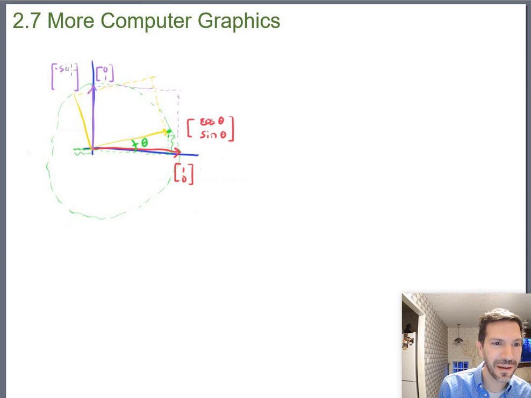X-coordinate is negative sine of theta. I'm so used to sine going with y, but in this instance, the theta is over here, so the x-coordinate of this second vector is determined by sine. And likewise, the y-coordinate of this second vector matches the x-coordinate of the first vector. So that's just cosine.